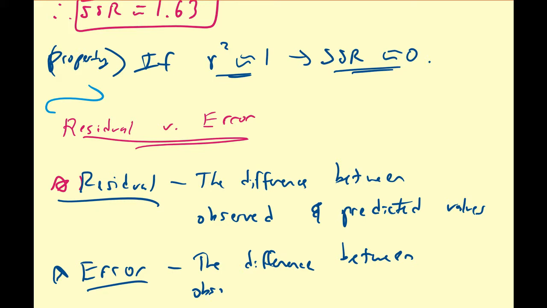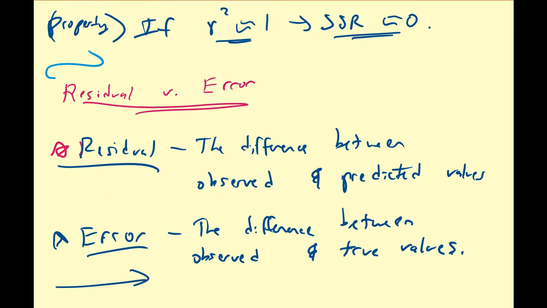And usually we do not know the true values here. The goal of the predicted values is to guess what the true values should be. And of course, the observed values could have some error associated with them as well. We don't necessarily know. That is the difference between residuals and errors.